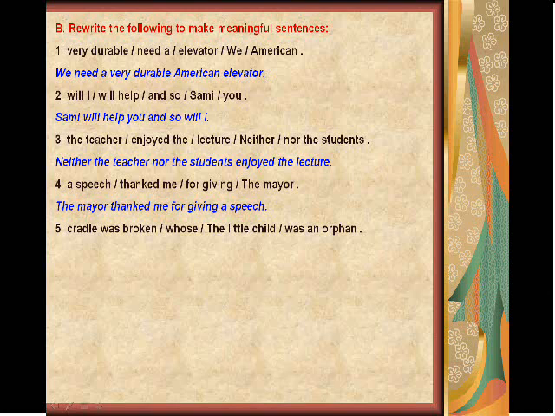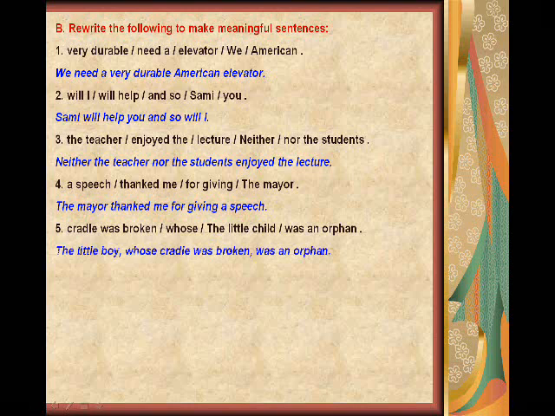So, which part of the sentence are you going to start with? Yes, excellent. The one which is capitalized. So it will be the little child. Excellent. And then, very good. The little boy or the little child whose cradle was broken was an orphan.